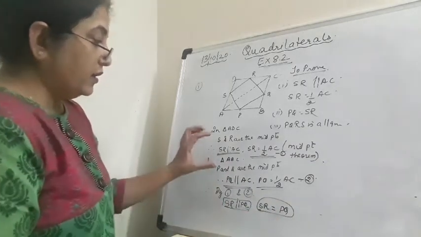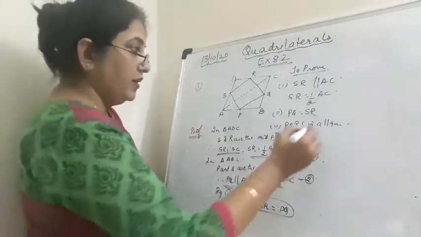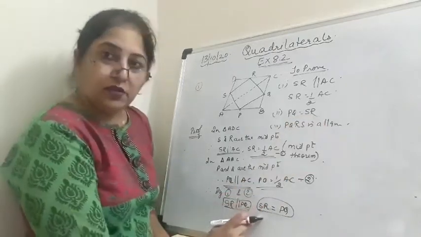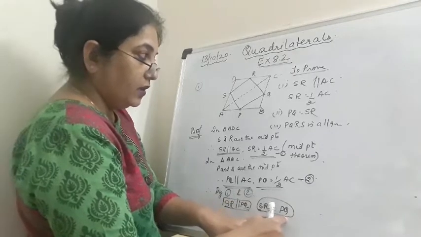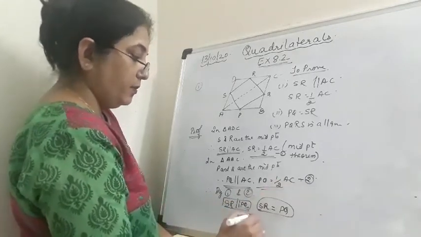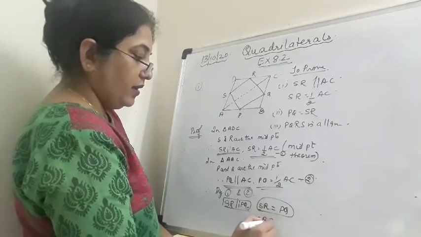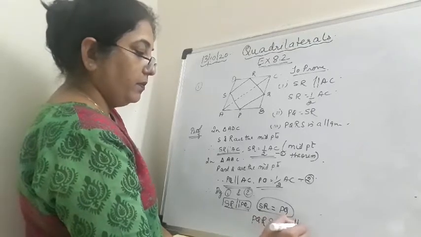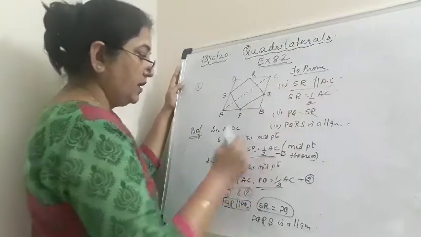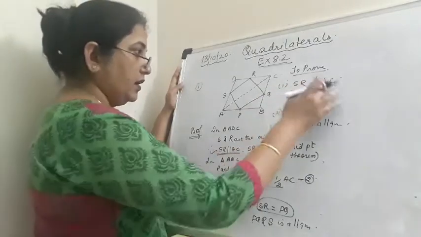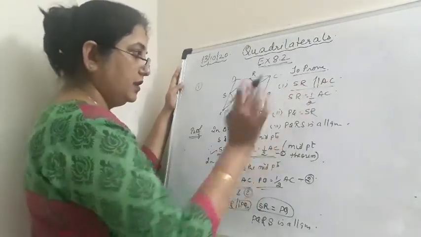You've understood what I'm saying. Now when you compare these two conditions, children, you get opposite sides parallel and opposite sides equal. Therefore PQRS is a parallelogram. So what was the first thing we had to prove? SR is parallel to AC, done. SR is half of AC, done.